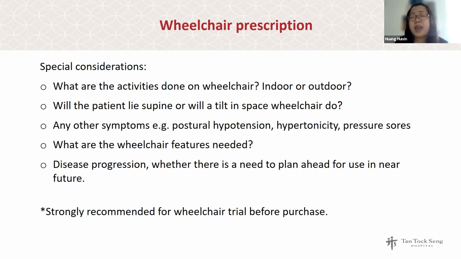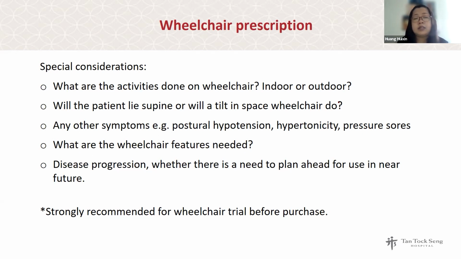If they do, what kind of position helps to stabilize the pressure better? Do they currently have any pressure sore from sitting upright? What features are important for the patient? And of course, with disease progression, we also have to consider whether the wheelchair we are prescribing will still be usable in the future, or whether they need to switch.